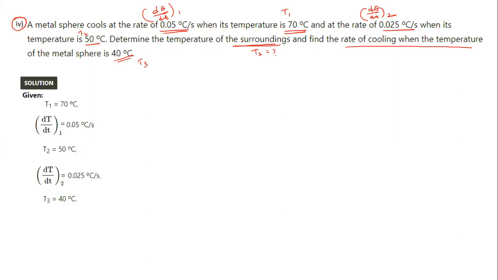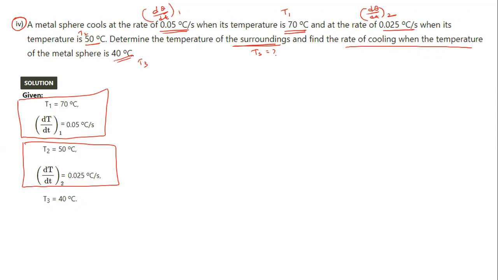Now here, T1 is 70 degree, dT by dt. So instead of theta, here they use capital T for the temperature. It's okay, no problem. 0.05 degrees Celsius. This is the first case. Second case, when temperature is 50 degree, that time rate of cooling is 0.025 degrees Celsius per second. And third temperature is 40 degrees Celsius.